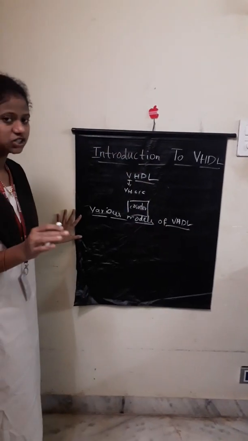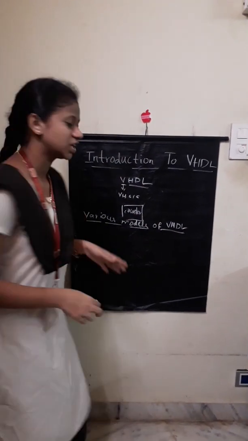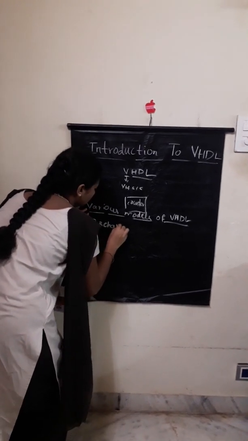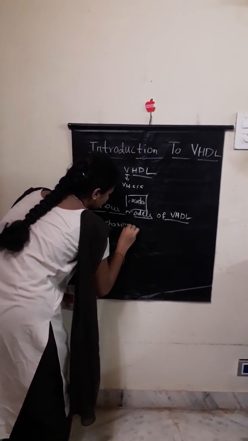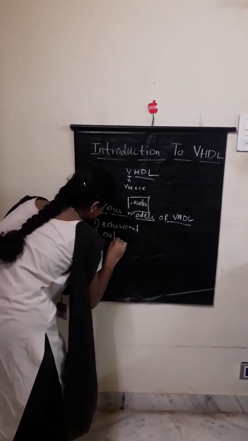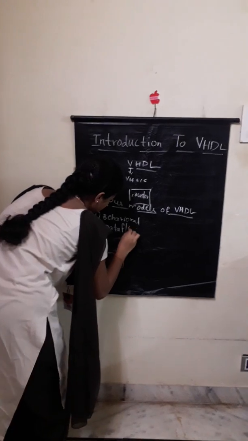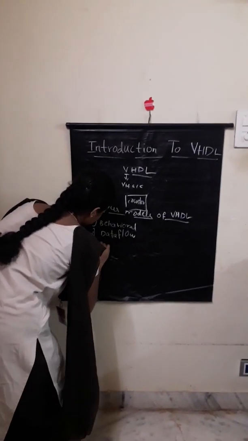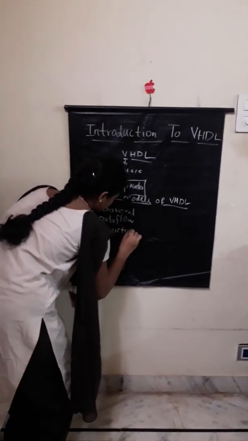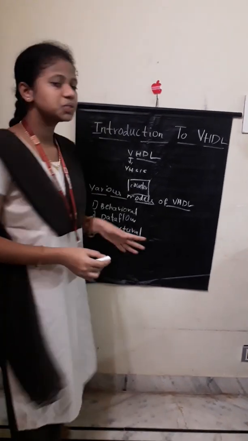Now we shall see various models of VHDL. We have three models of VHDL. First one is the behavioral model.